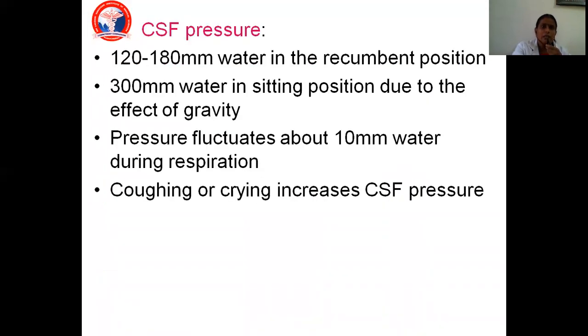So next one is the pressure of the cerebrospinal fluid, CSF pressure. In the recumbent position, it is 120 to 180 millimeter of water, and 300 millimeter of water in sitting position due to effect of gravity.